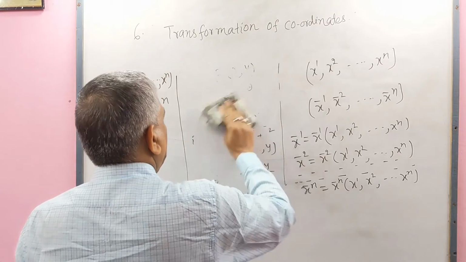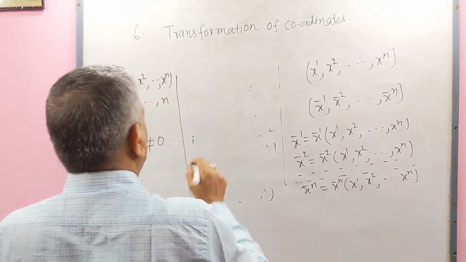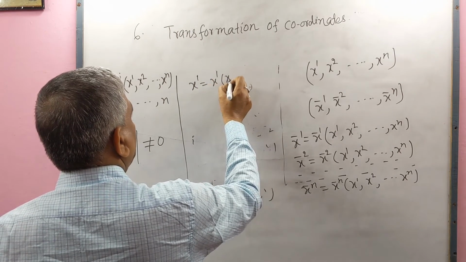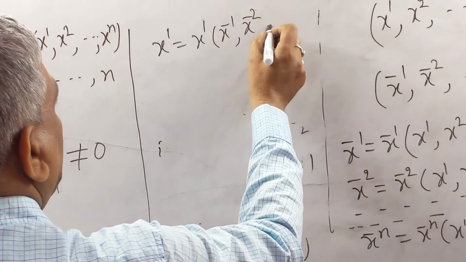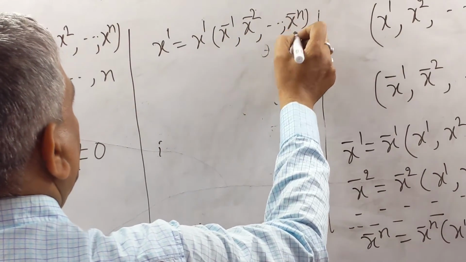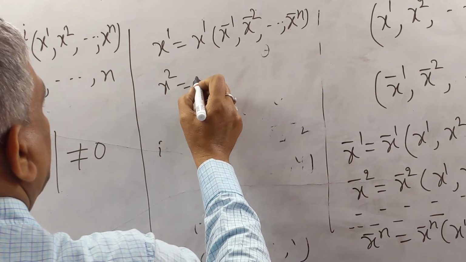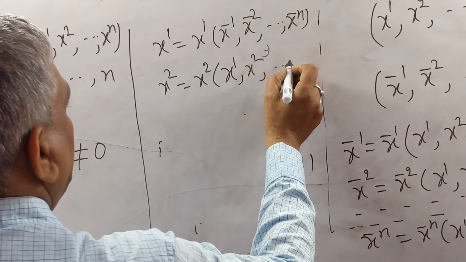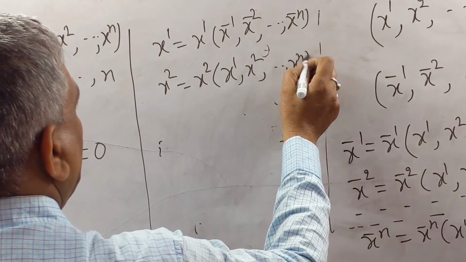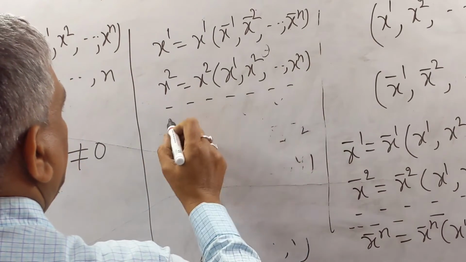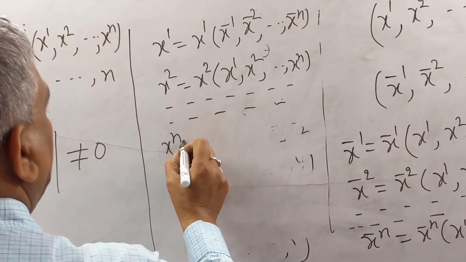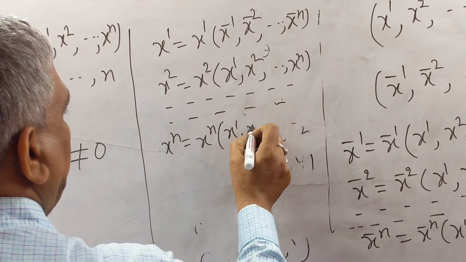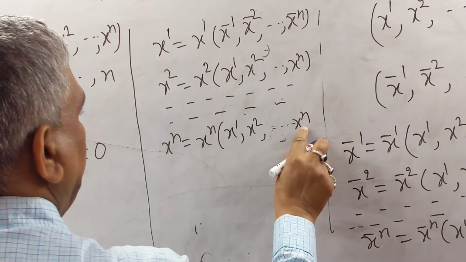That is, x1 is a function of x bar 1, x bar 2, ..., x bar n, x2 equal to x2 of x bar 1, x bar 2, ..., x bar n, and in a similar manner xn is a function of x bar 1, ..., x bar n.